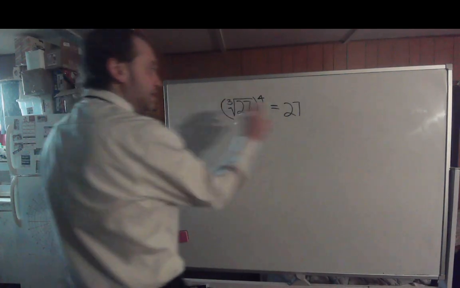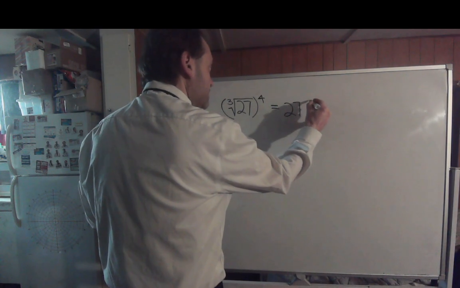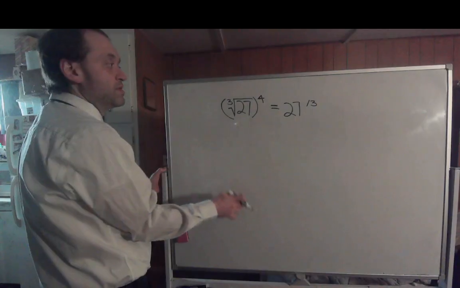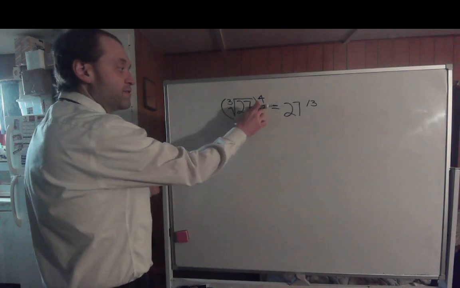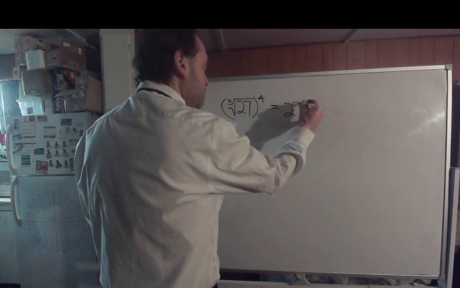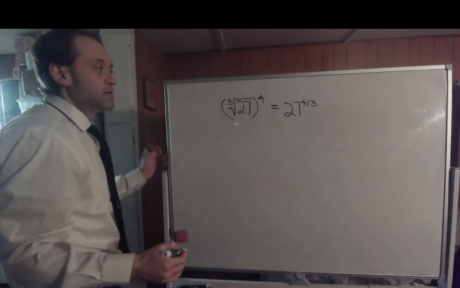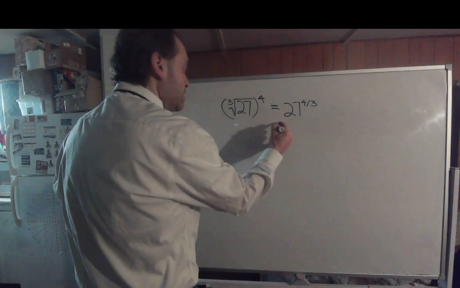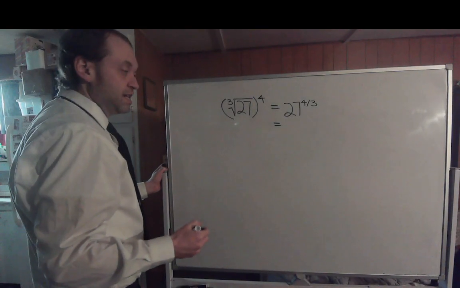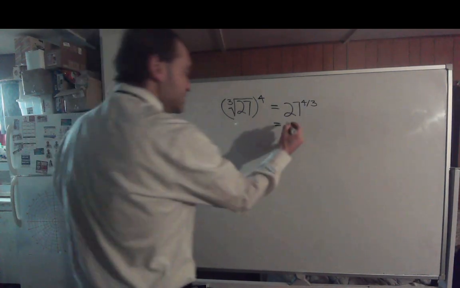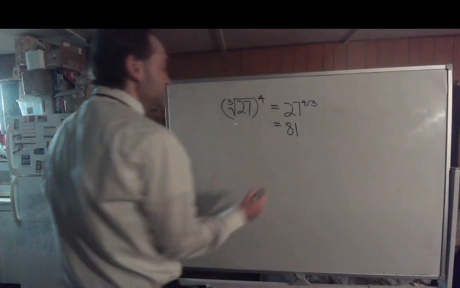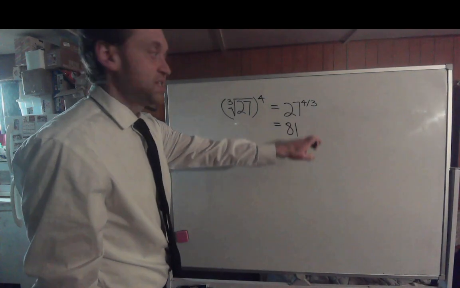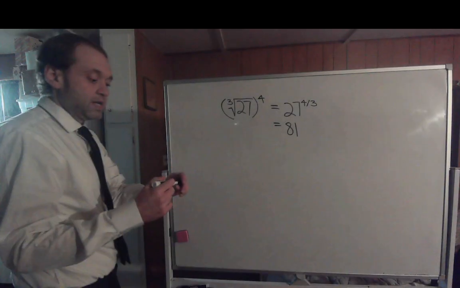My root index, which is 3, means the 3 is going to go in the denominator of the exponent, and then this cube root of 27 is raised to the fourth power, so the 4 would go in the numerator of the exponent, which would end up giving me 27 to the 4/3 power. So cube root of 27 is 3, 3 to the 4th is 81. So the cube root of 27 to the fourth power, which is the same as 27 to the 4/3 power, would end up being 81.